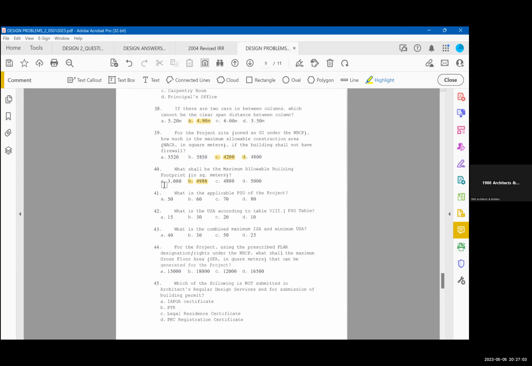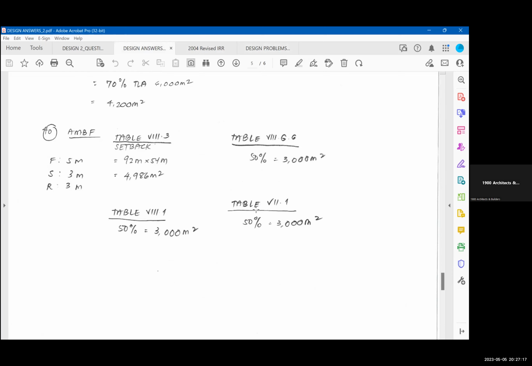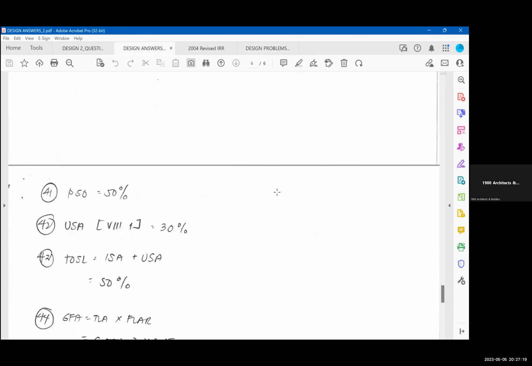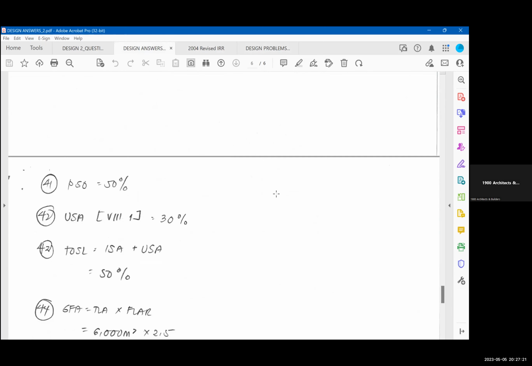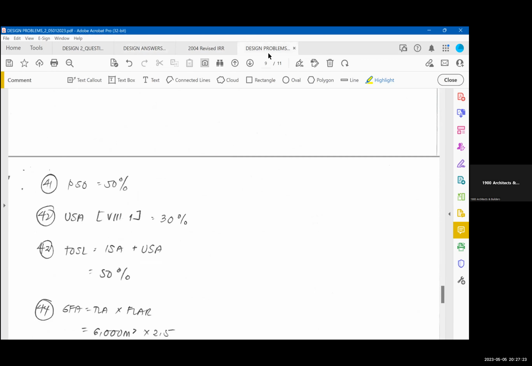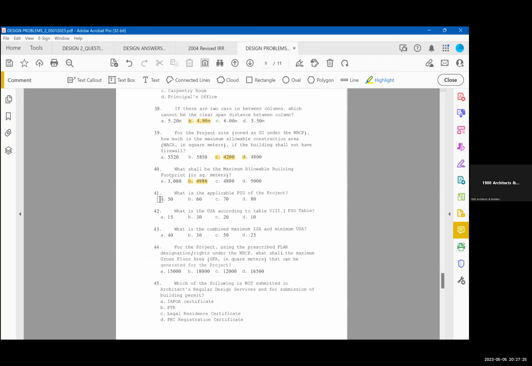Okay? So, kaya magiging letter E. Okay, let's proceed. Number 41. What is the applicable PSO of the project? So, yung PSO nga is 50%. So, it's letter A.